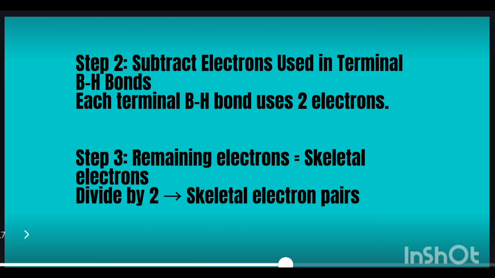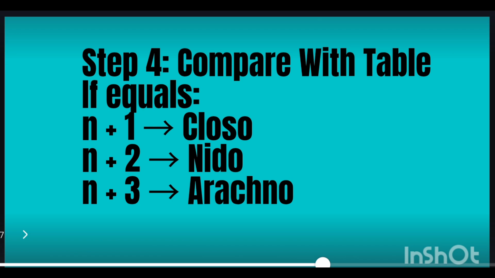Each terminal B-H bond uses 2 electrons. In step 3, the remaining electrons divided by 2 gives the skeletal electron pairs. In step 4, compare with the table. If it is equal to n plus 1, that is Closo. If it is n plus 2, that is Nido. And if it is n plus 3, that is Arachno.